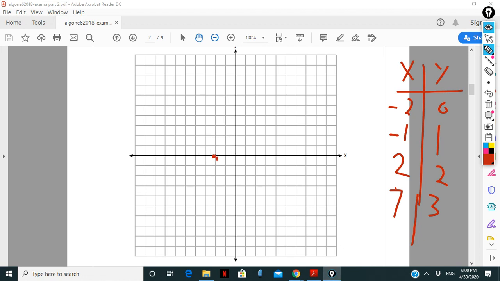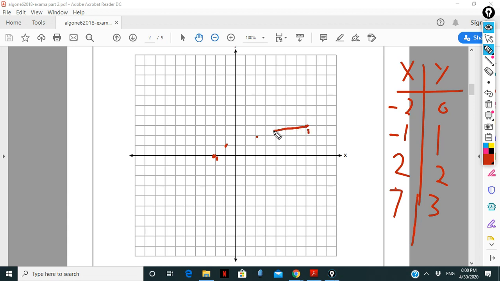And when x was -1, y was 1. When x was 2, y was 2. And when x was 7, y was 3.